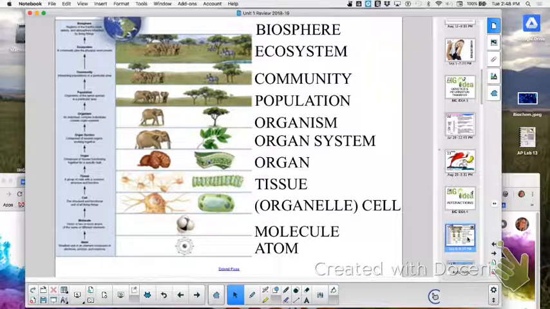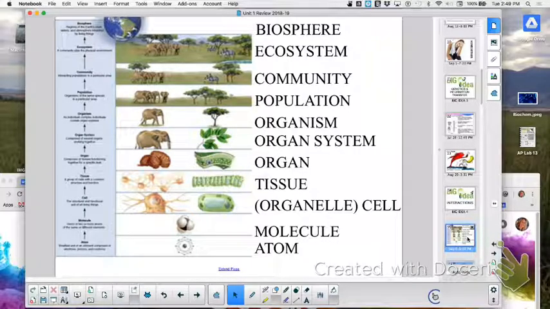All right, good. So atom, molecule, organelle, not all cells have organelles, right? Cell, then what? Tissue, let's do it together. Organ, organ system, organism, population, groups of the same species, multiple species, the environment, abiotic factors, and where all living things exist. Good.